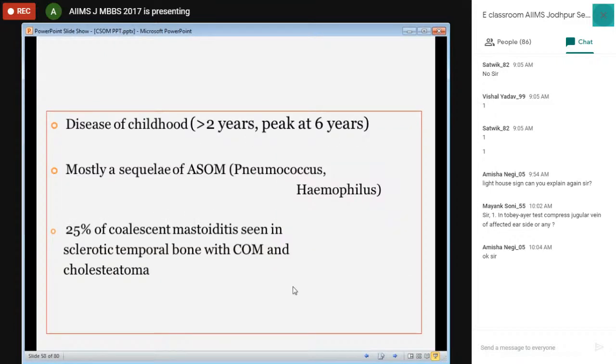Then there's a question by Mayank regarding the Tobey-Ayer test, whether we compress the jugular vein on the affected ear side or either.